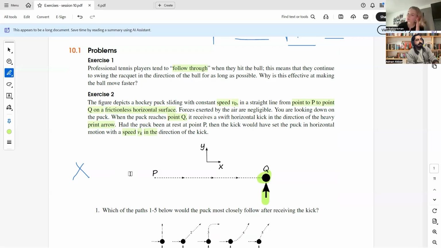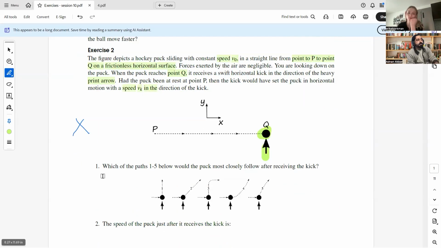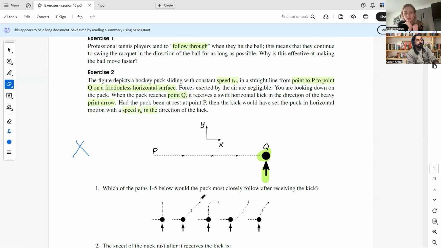So here our first question is: which of the paths 1 to 5 below would the puck most closely follow after receiving the kick? We need to choose a path from paths 1, 2, 3, 4, 5, which perfectly describes the direction of motion of the puck after the kick is applied.